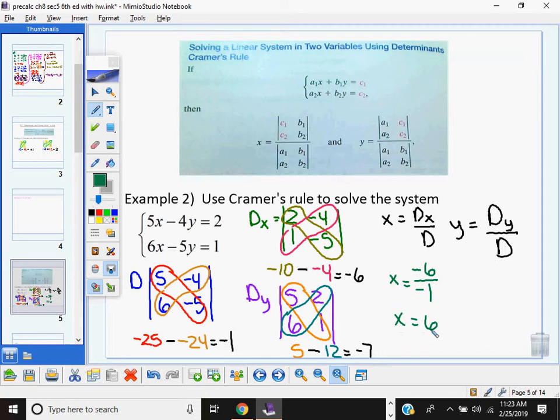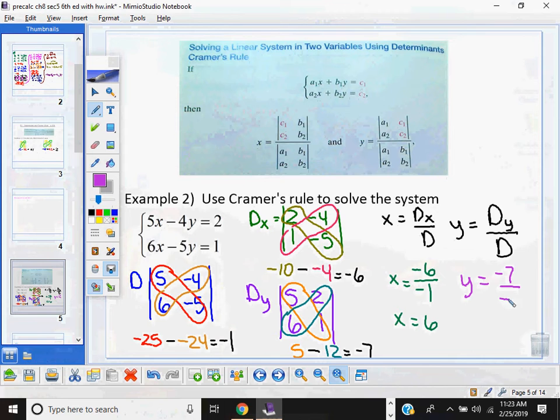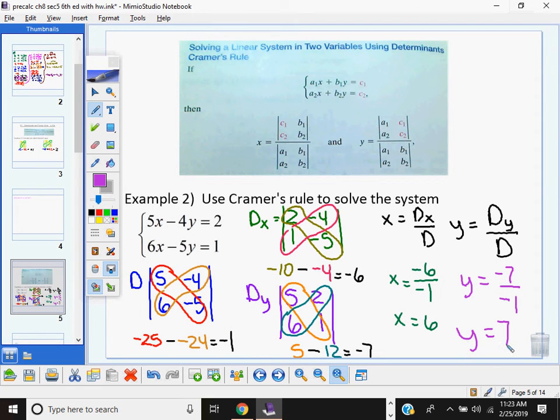Now to get the y, we're going to do dy, which we found down here was the -7, over the determinant, which we found in step 1, which is -1. So the y is equal to 7.